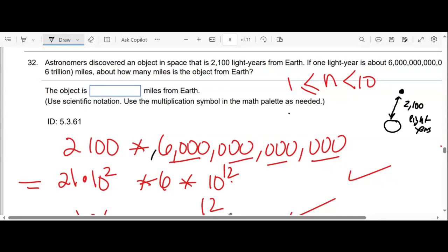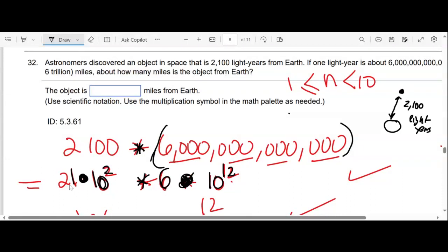So you have to multiply. Multiply what by what? 6 trillion by 2100. Right. 6 trillion times 2100. So 2100 is what? 21 times what? 10 squared. And 6 trillion is what? 6 times 10 to the power of what? So 12. Is this clear? Yes.